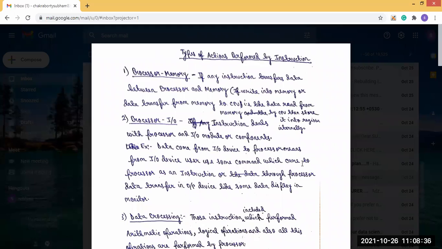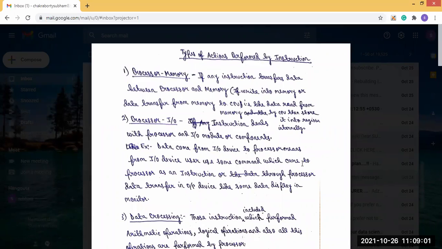Then next will be processor to input output device. Now, if the instruction deals between the processor and an input output module or component, then we can say the action performed is processor to input output. What will be the example of it?